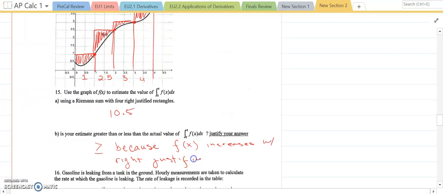That's important because if I changed from right to left, it would actually be an underestimate. If it was a decreasing function with right justified rectangles, it would be an underestimate. So understanding what you're actually given is important.